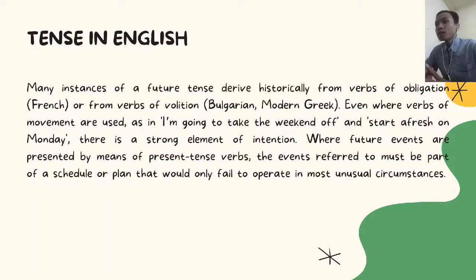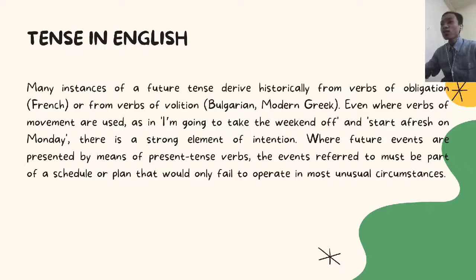Many instances of a future tense derive historically from verbs of obligation, as in French, or from verbs of volition, as in Bulgarian and modern Greek, even where verbs of movement are used, as in I'm going to take the weekend off and start afresh on Monday.